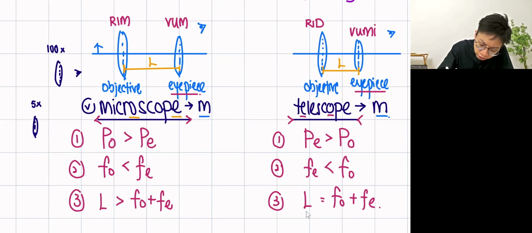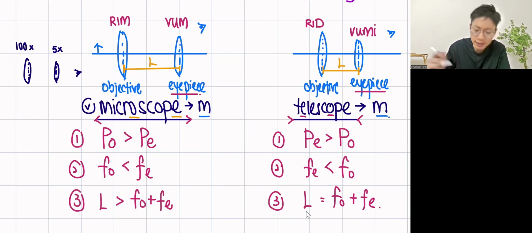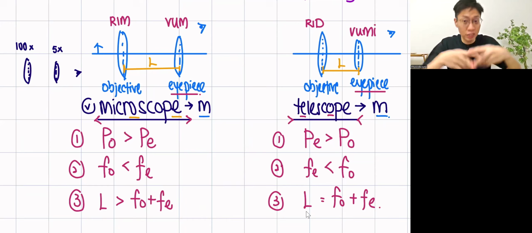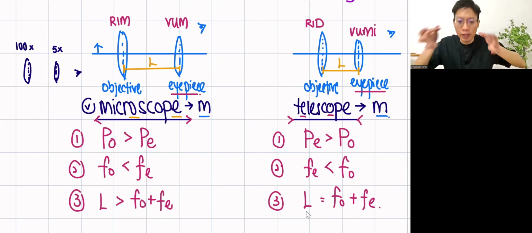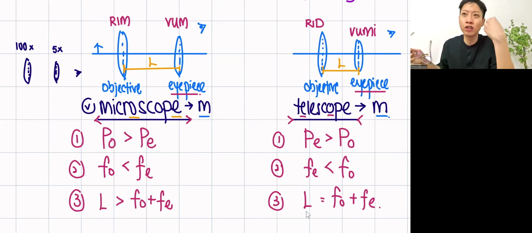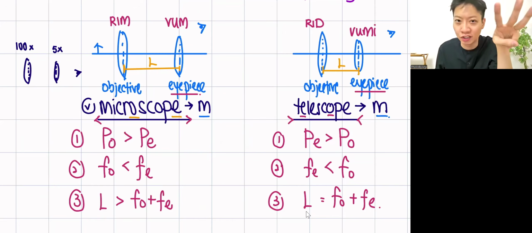Obviously, I will put the 5x one nearer to my eye because, guys, if you try to see through a lens with a very high power, it will strain your eye a lot. Imagine if today you wear somebody else's specs. Let's say Junghao's short sight is 300.